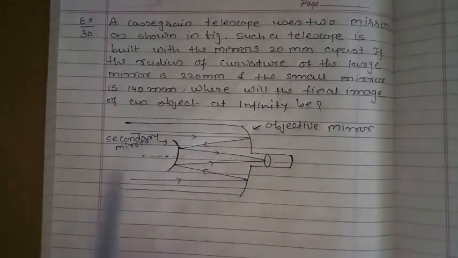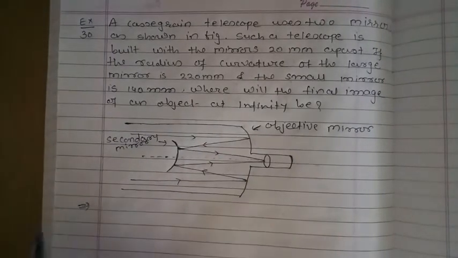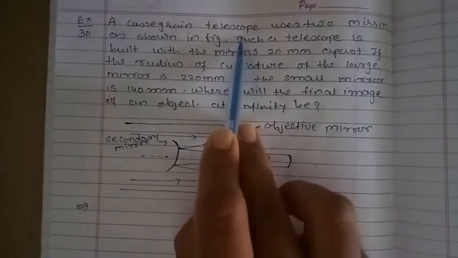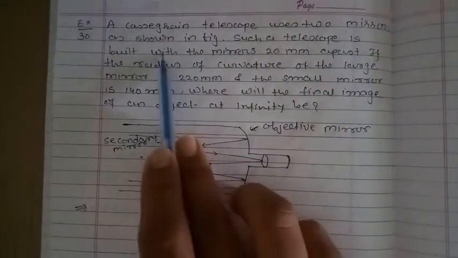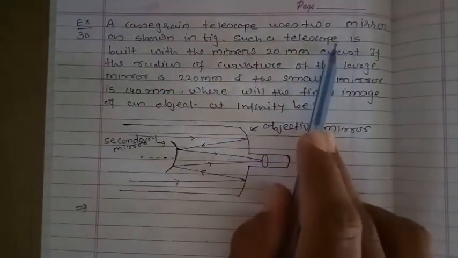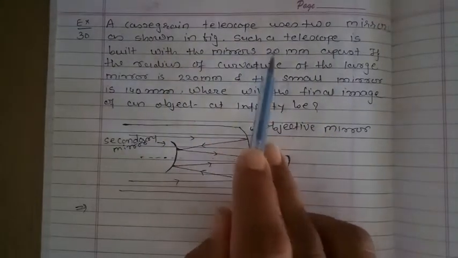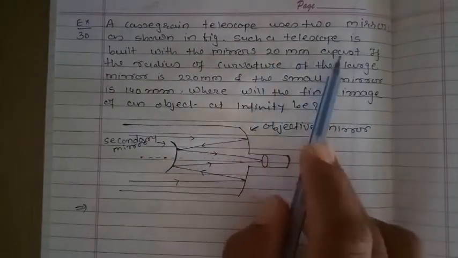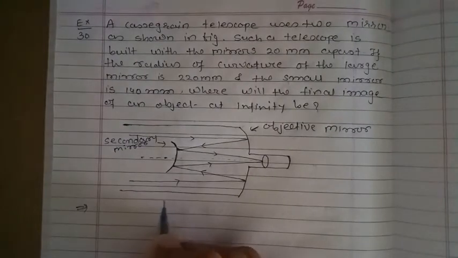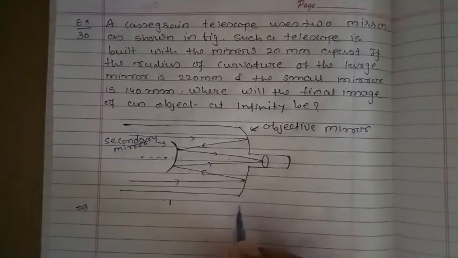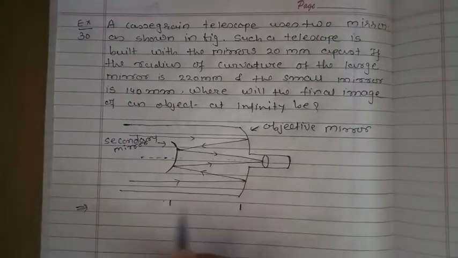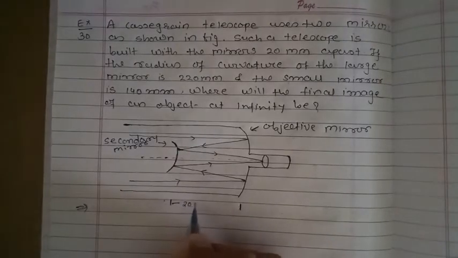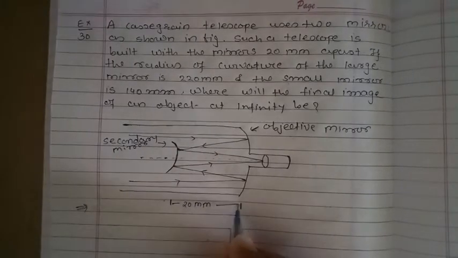Here in this sum, a Cassegrain telescope uses two mirrors as shown in figure. Such a telescope is built with the mirrors 20 mm apart. So the distance between these two mirrors is 20 mm.